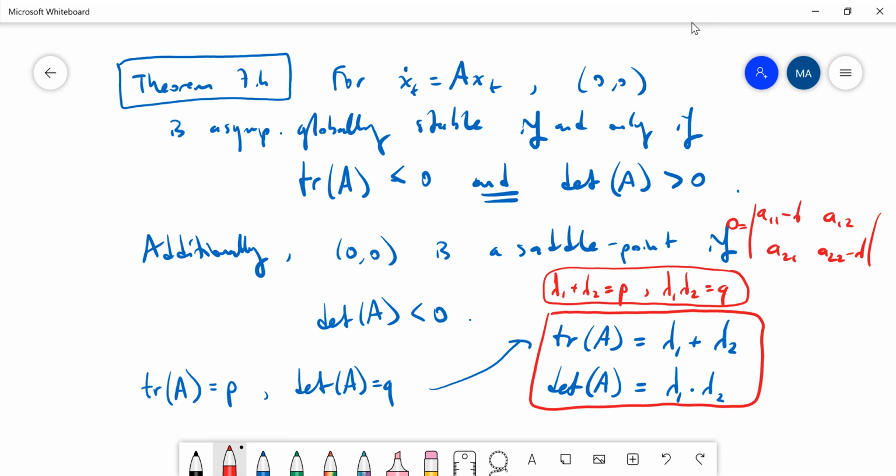So let me tell you one further thing. There's a very nice figure in your textbook that summarizes many things that you see. So let me just find it first. Okay. Let me just find that figure. Somewhere in chapter 7. I know that. I'm going to tell you the page number.